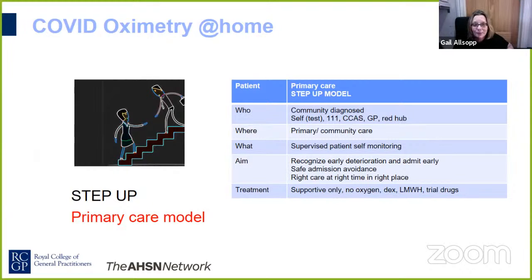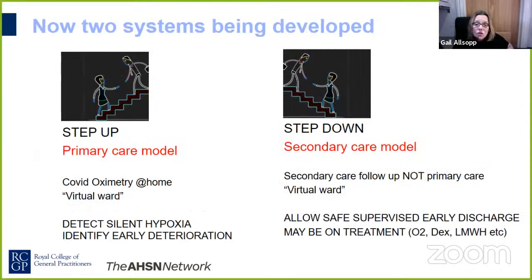Next slide, please. The confusion can come with this other model, this secondary care model or a step-down model that has been developed over the last few weeks, really stepping up at pace. This is secondary care driven, and these are patients who have been through the secondary care process, either in A&E or admitted to a ward, and are safe for supervised early discharge. And this will be run by secondary care with secondary care clinicians in the vast majority of cases.